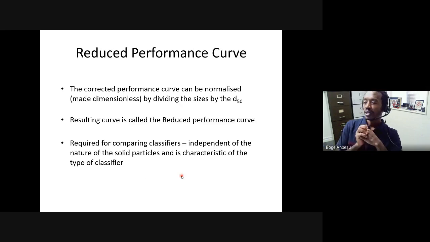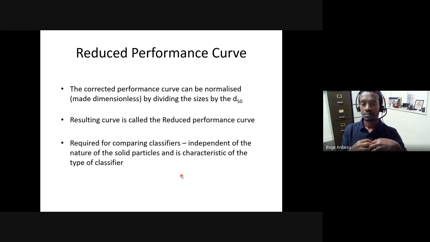Another thing you could do is plot a reduced performance curve. So I said the corrected curve is mainly accounting for water. And with the water, we have solid particles being carried as well. That reduces performance. So that's why we correct that.